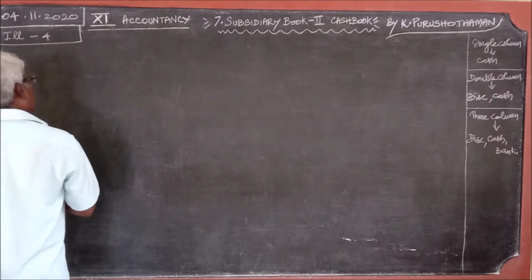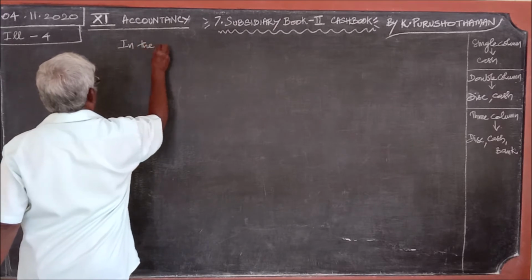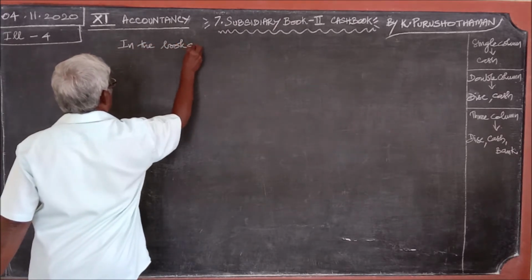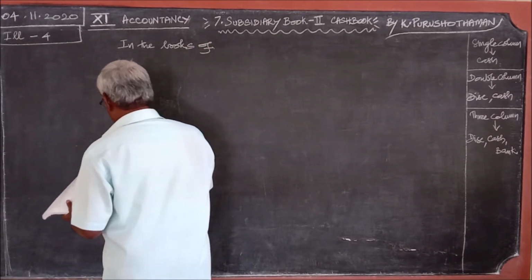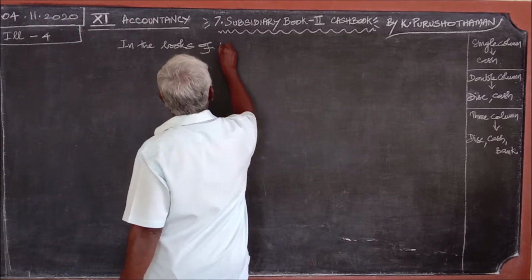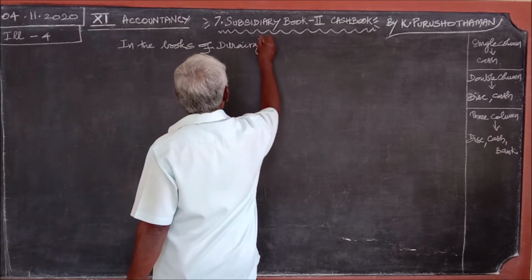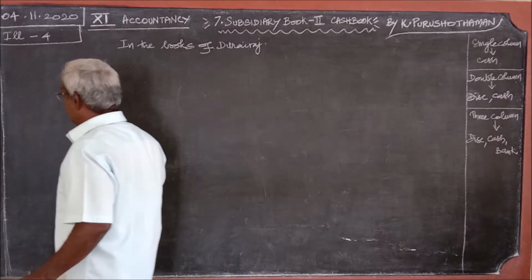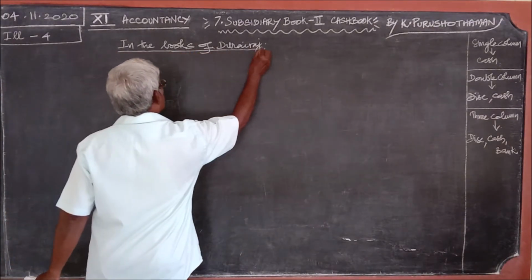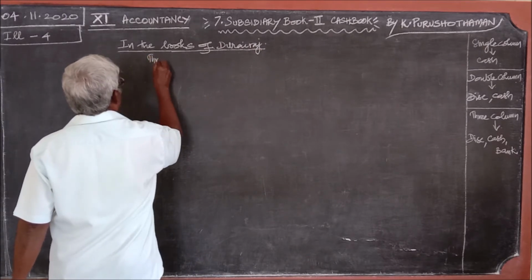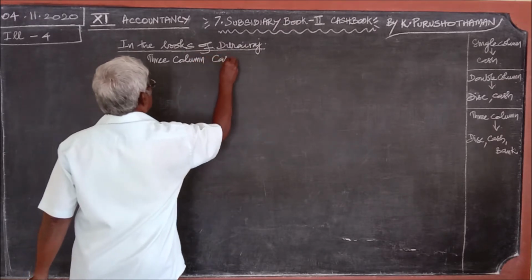Here, as usual, in the books of Durai Raj, that is what is given in illustration number 4. Then three column cash book.